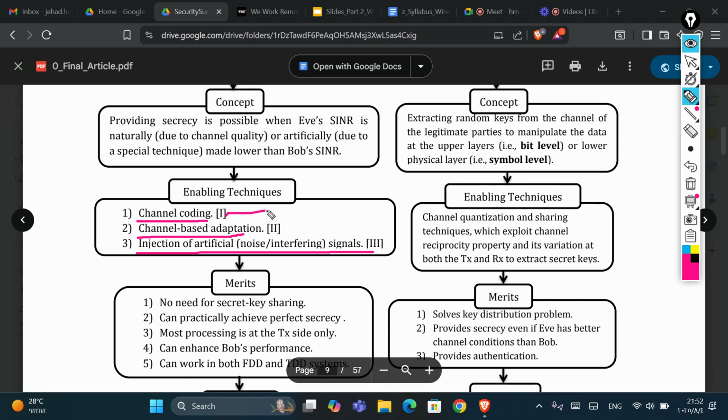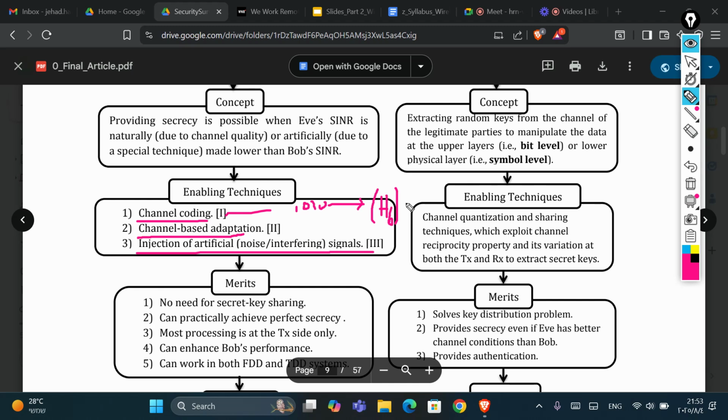So the first technique is, you have your data bits, a sequence of zeros and ones, and the transmitter tries to encode them in such a way that the coding process is a function of Bob's channel behavior.